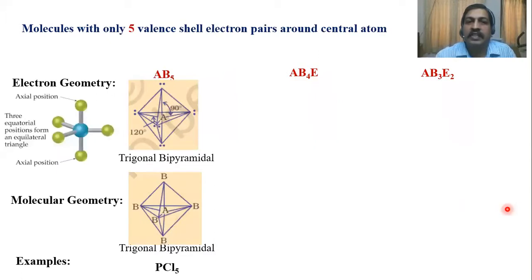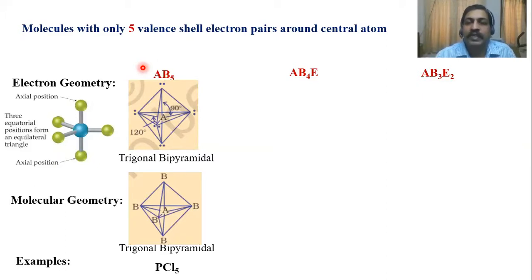So now let us consider molecules in which there are 5 valence electron pairs around the central atom. Such molecules can be of the type AB5, AB4E or AB3E2. First let us consider the AB5 type of molecule. The electron geometry is trigonal bipyramidal. The 5 electron pairs occupy the 5 corners of a trigonal bipyramid.